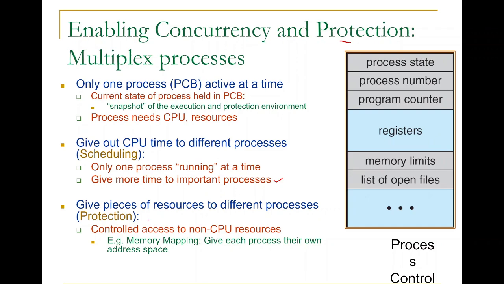Then another way is protection. We make sure that we give separate resources to different processes. If a process wants to execute, you give it the memory that it needs to work with. All right. If it needs I/O devices, you give it its I/O devices. The operating system gives it controlled access to non-CPU resources.